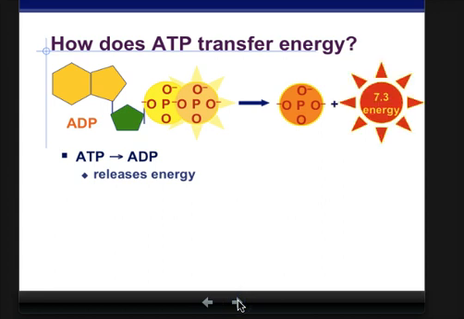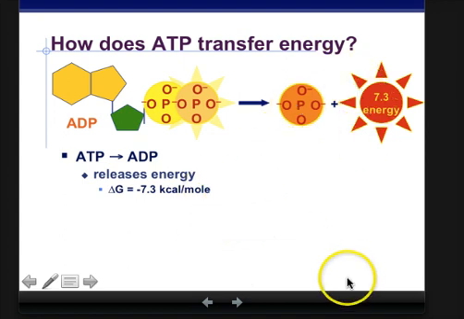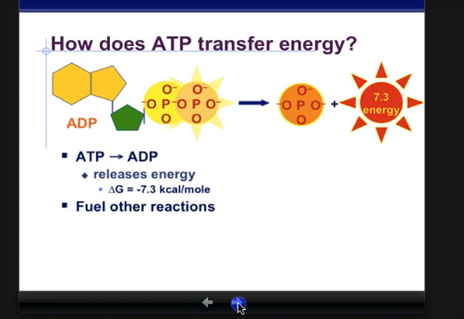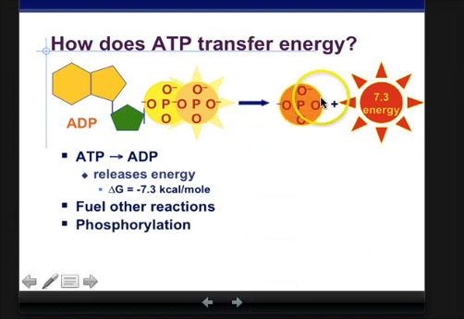Okay, 7.3 kilocalories per mole. Okay, so in your book, they show you that we use this triangle G to mean the change in free energy is negative 7.3 kilocalories per mole because it's given off. And that energy can be used to fuel other reactions. And again, this is phosphorylation because this phosphate isn't just going off into space, it's being dumped onto another molecule.